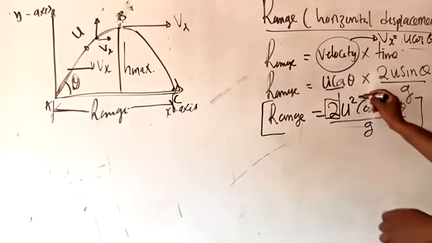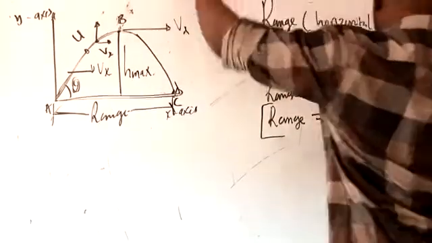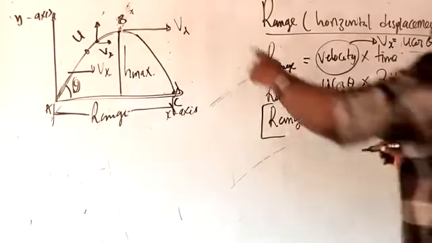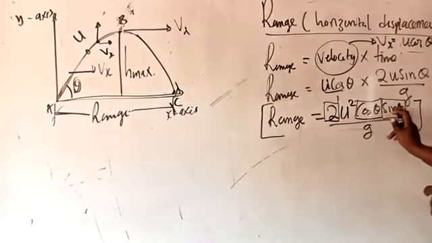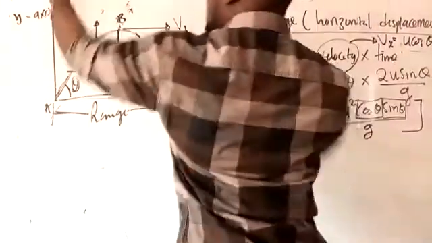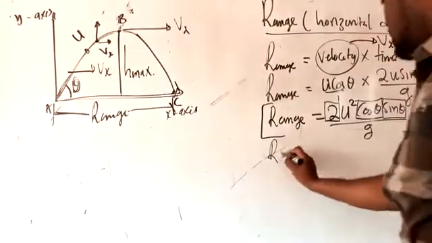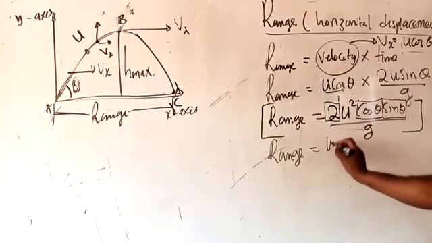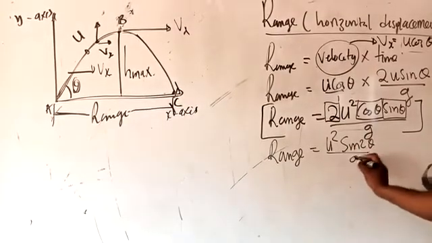We can see that the cosine is there, which is this one. We can also see that the sine is there, which is this one. So these 2 cos theta sine theta can be substituted with sine 2 theta. So this equation now, the range, will become u squared sine 2 theta over g.